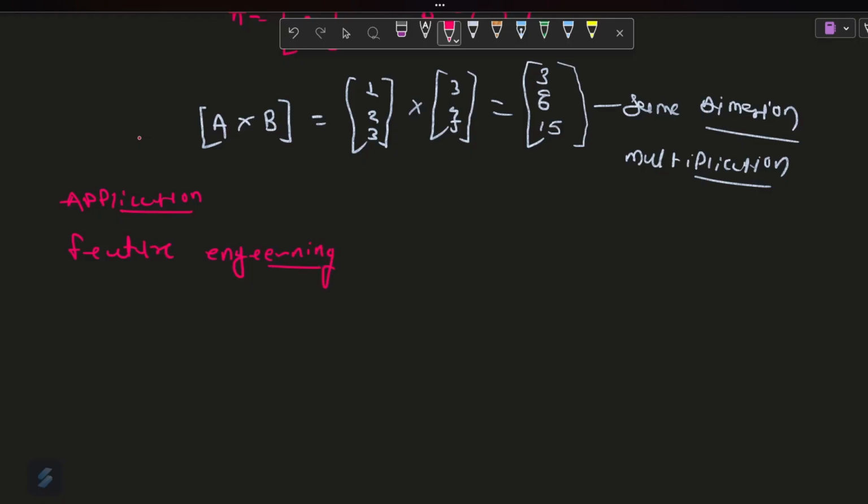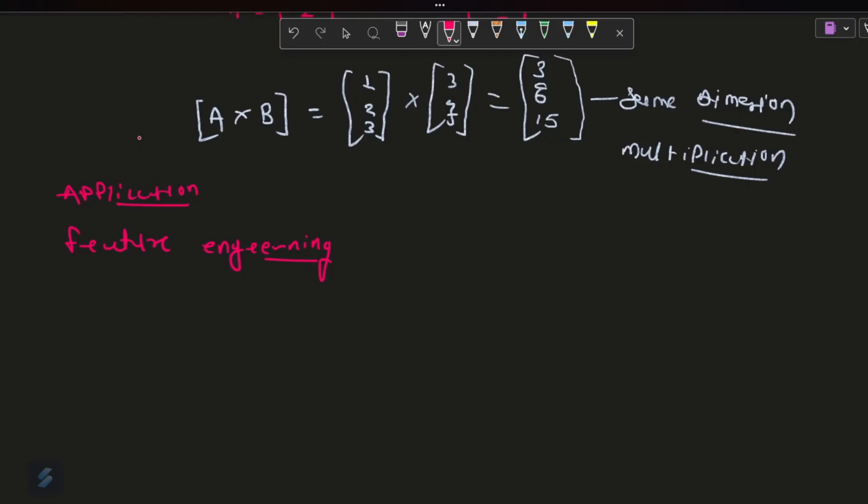Let's consider an example: we are selling some products, and we want to give a discount on that particular product.